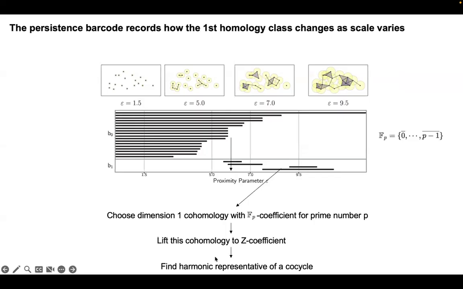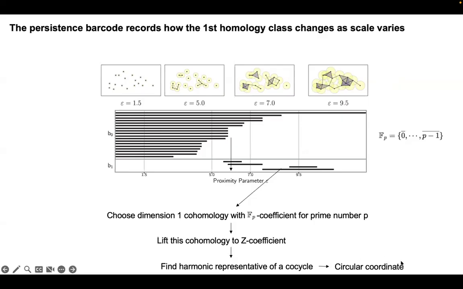Then we should find some harmonic representative of that cocycle. This is complicated, so I will not talk about it, but we can do it by a computer algorithm. So after that, using that harmonic representative of the first cohomology class, we can define the circular coordinate.